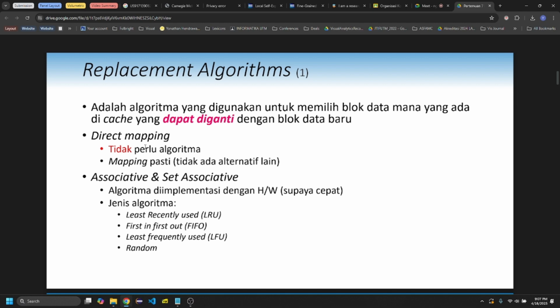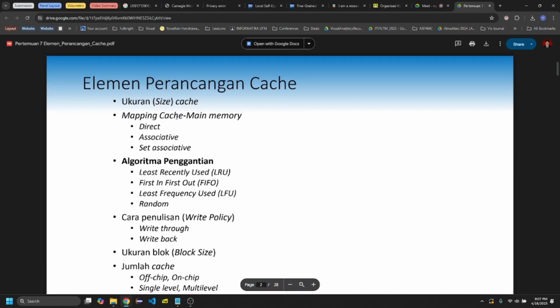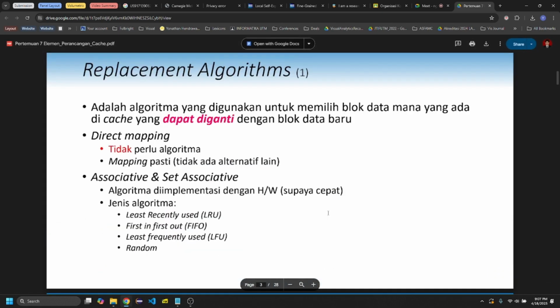If we use direct mapping, then we don't need to use any algorithm because the mapping is fixed. There is no other alternative.